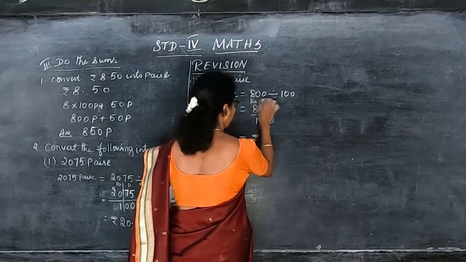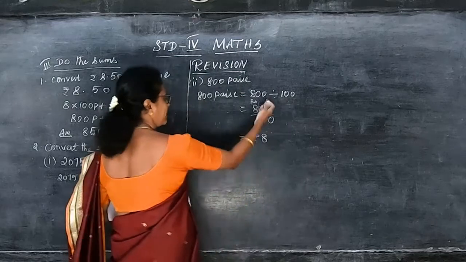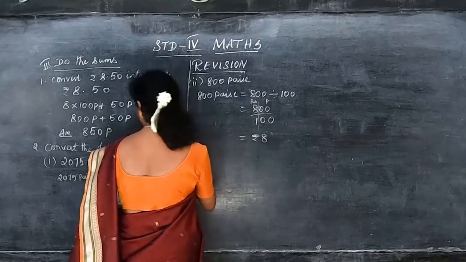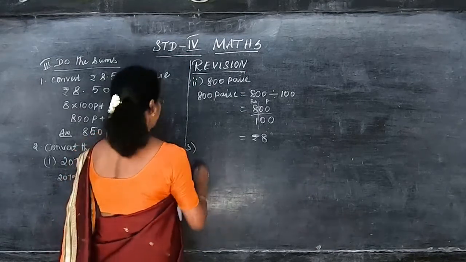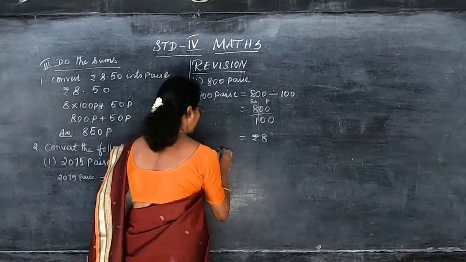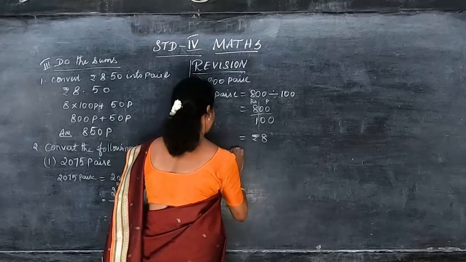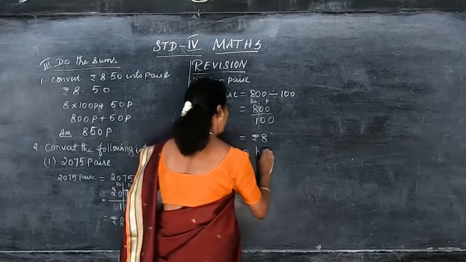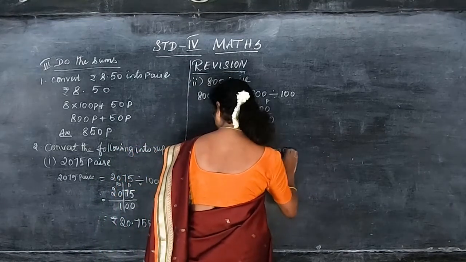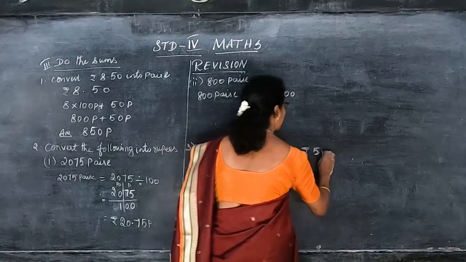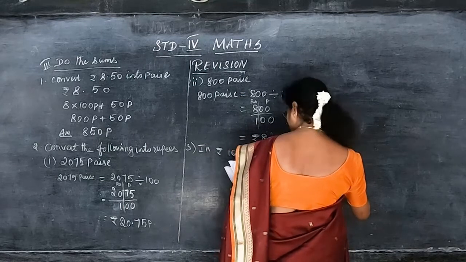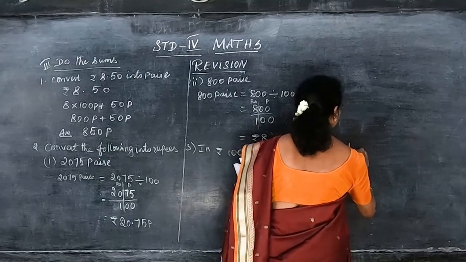This is rupees and this is paise. Since the paise is 0 0, you can just write 8 rupees. Then the third sum, in rupees 1000, how many 500 rupee notes are there? How many 500 notes are there?